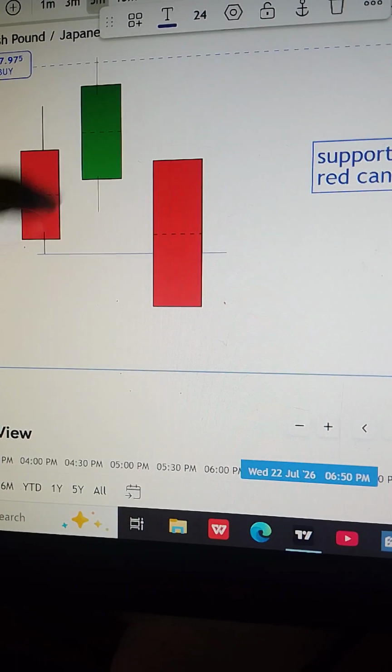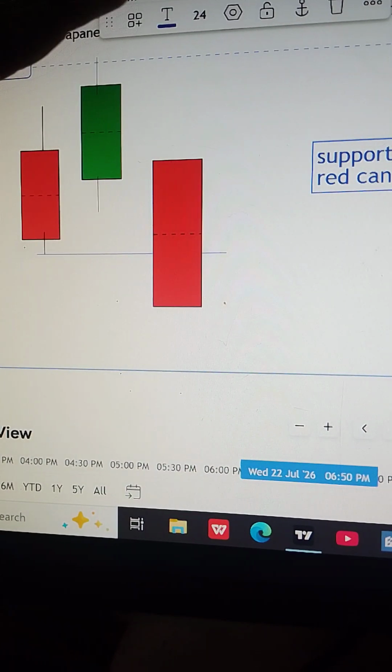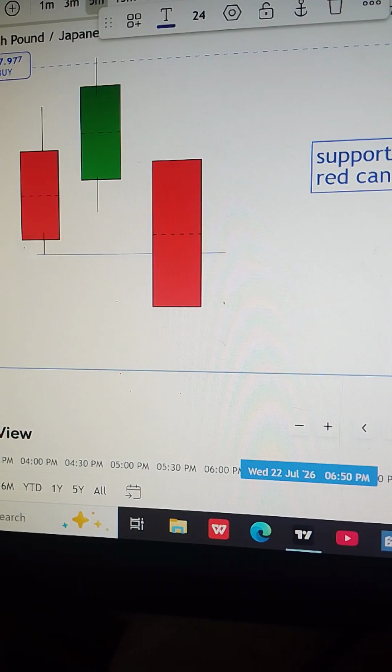So a red followed by green, that's a support. Red followed by green, support.